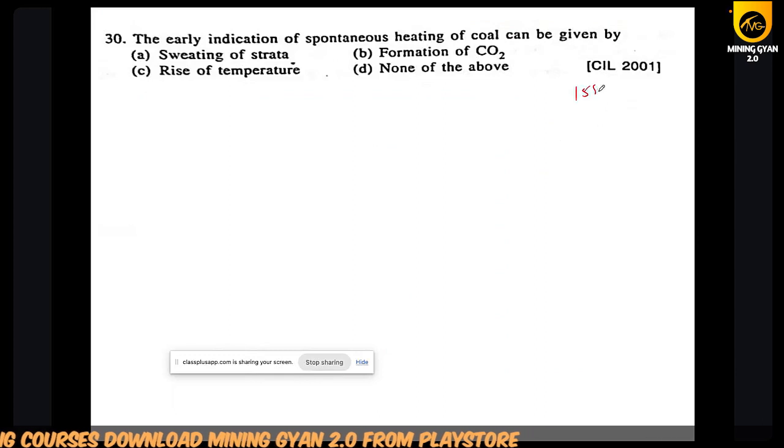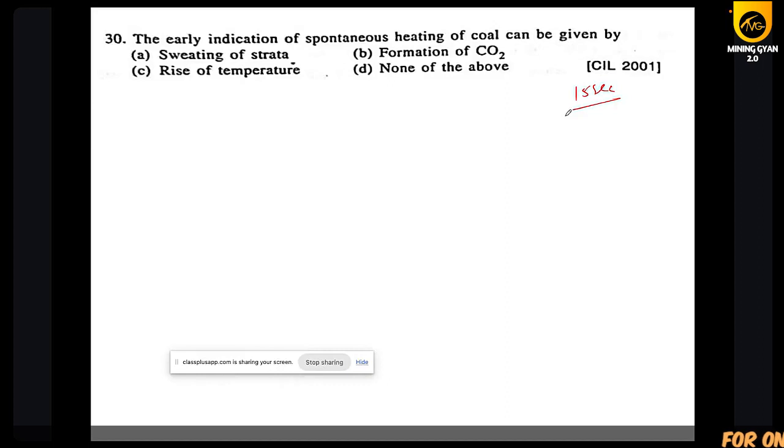15 seconds. The early indication of the spontaneous heating of the coal can be given by what? How will you get the information?